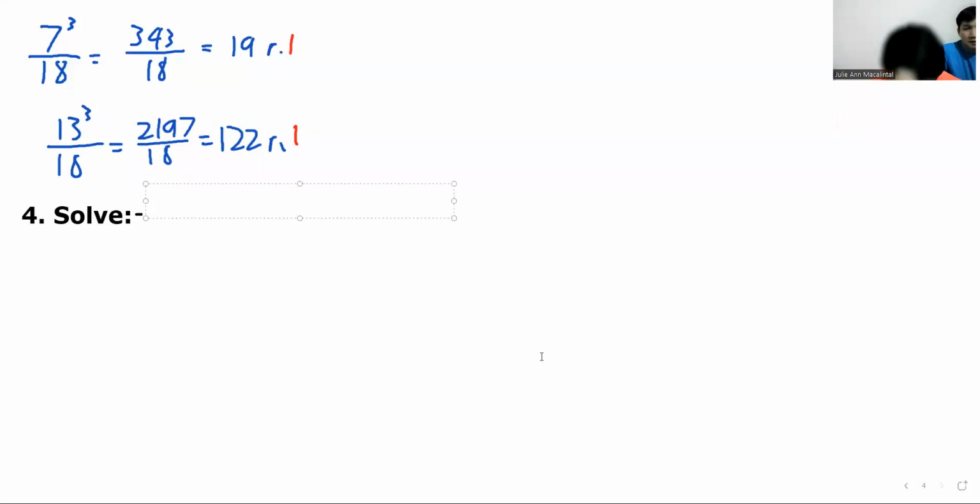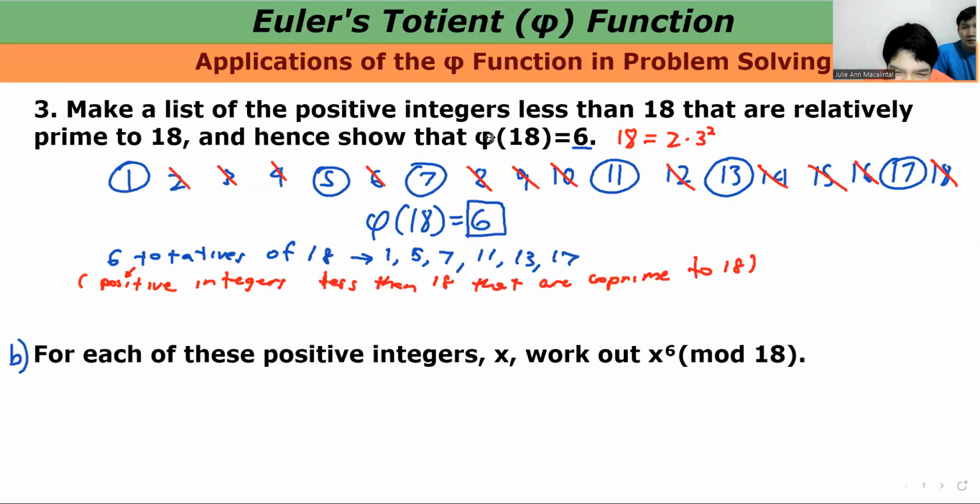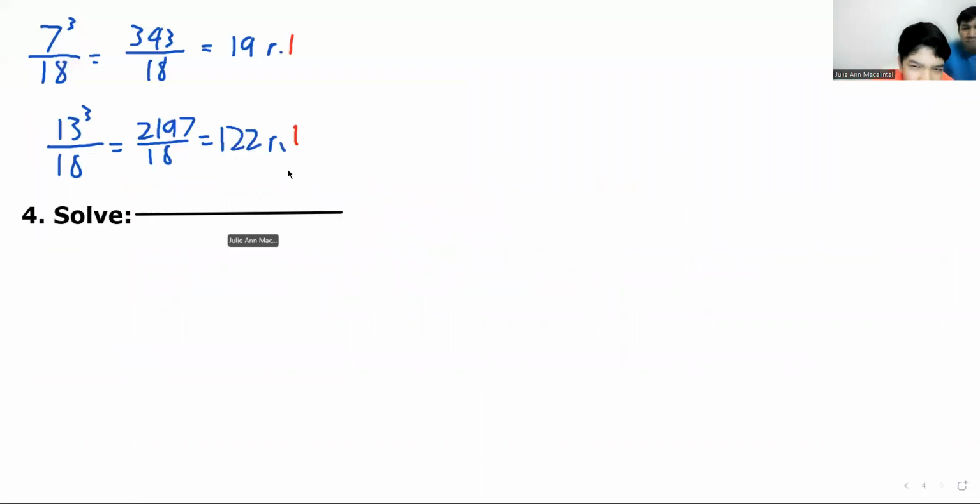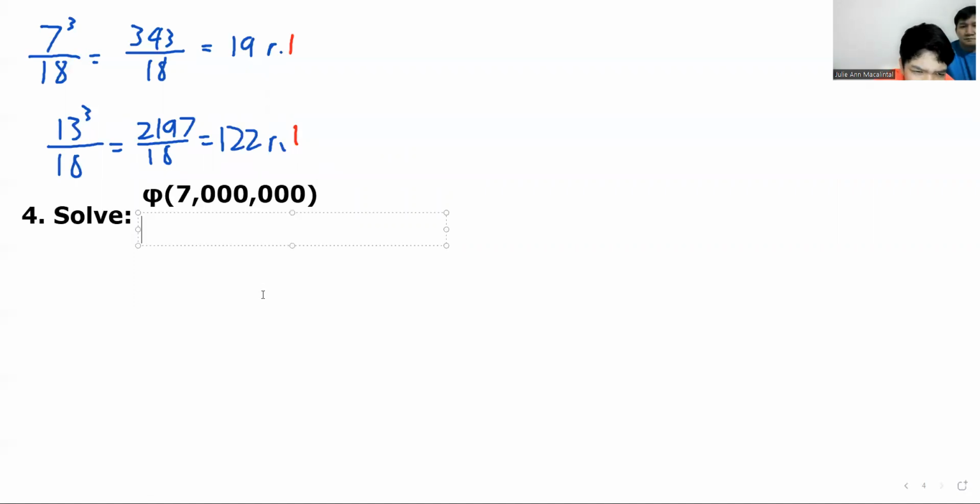Phi. I'll just write it. I can't write the phi, it's not on the keyboard. Solve phi of 7 million over phi of 1 million.